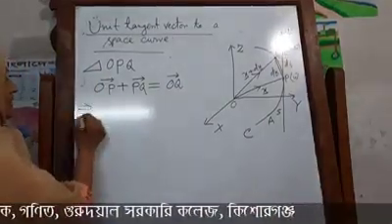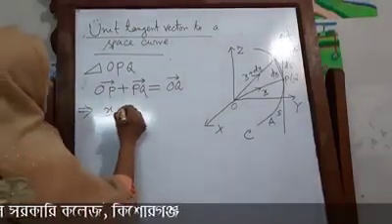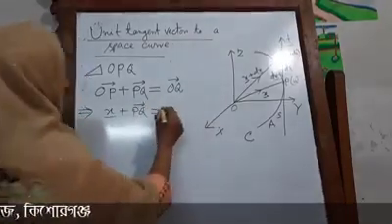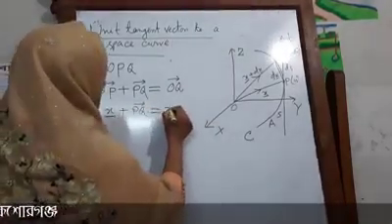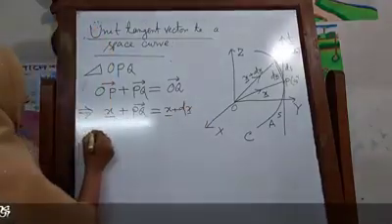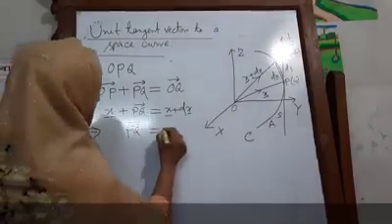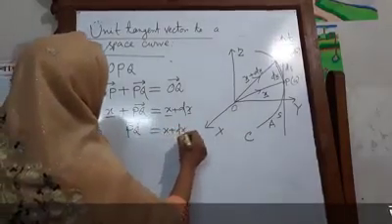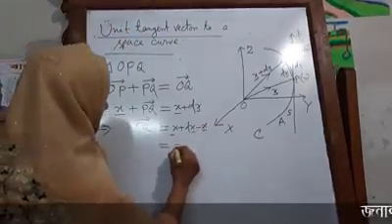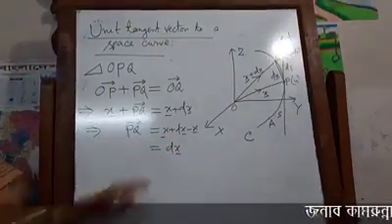This implies x vector plus PQ is x plus δx. This implies PQ is equal to x plus δx minus x. We find PQ is equal to δx.